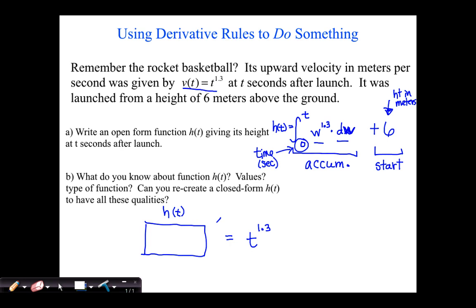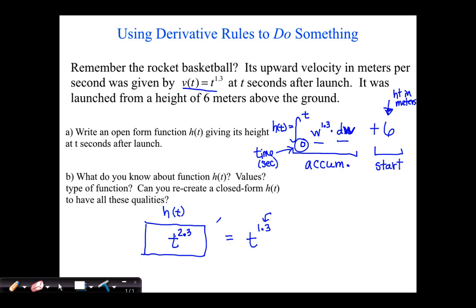Or what facts about it do you know? Well, it may be hard to put all the pieces together, but it would have to have a t in it raised to a power. What kind of power would I need on this? 2.3, right. So if you take a derivative of a power function, the exponent decreases by 1.